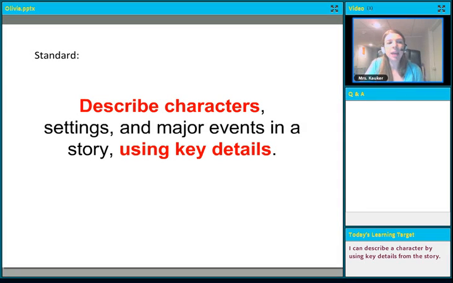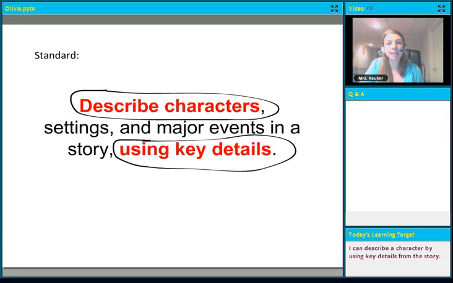So today, we're just going to look at the red part, and the red part says, describe characters using key details. That sounds a lot like our learning target. Describe characters using key details.